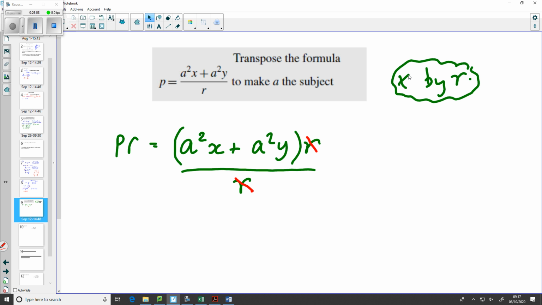Think back to the first week, the skill we learned that we can do with brackets. You would if there was something outside the brackets, but there isn't. What's the opposite of multiplying out of the brackets?